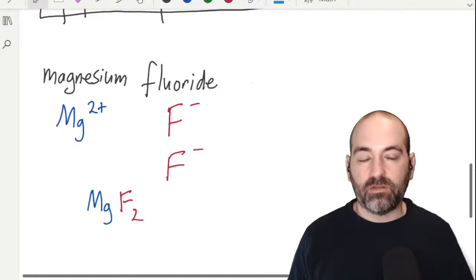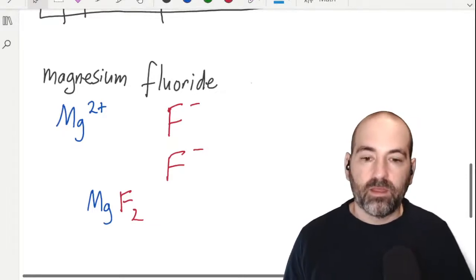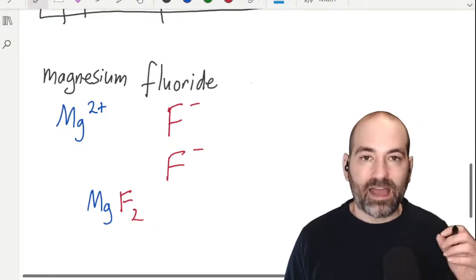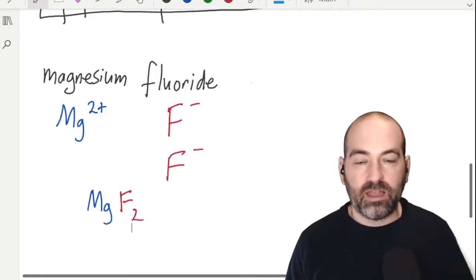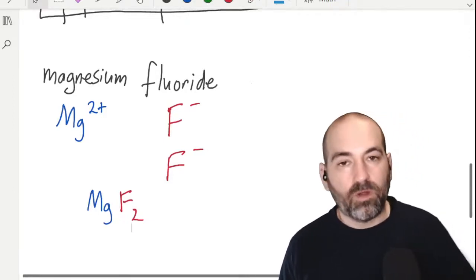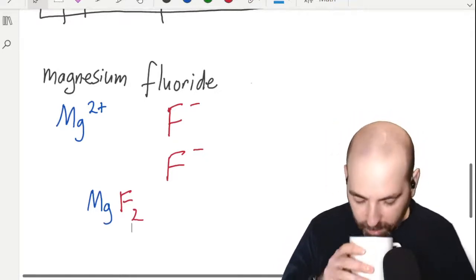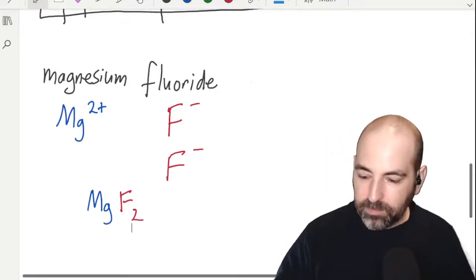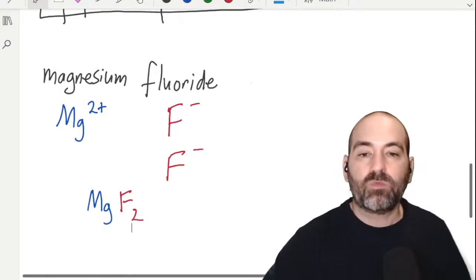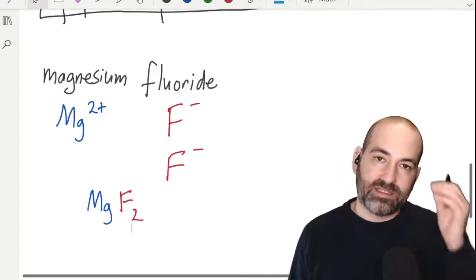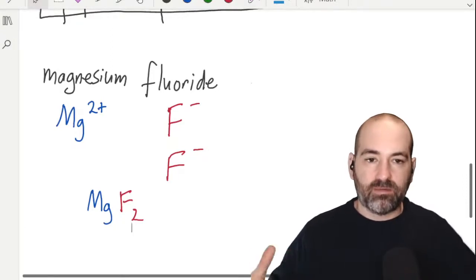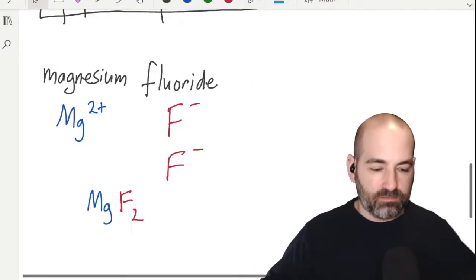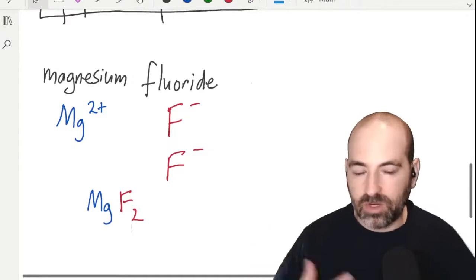When we looked at molecular formulas of those molecules, the subscripts told us exactly how many atoms are in the molecule. So if it said C4H10, that means a molecule with 4 carbons and 10 hydrogens. But in ionic compounds, those subscripts don't tell us the exact number of atoms because we don't have a discrete molecule. We have this kind of more just massive extended structure.